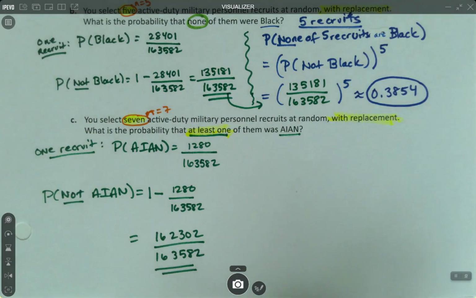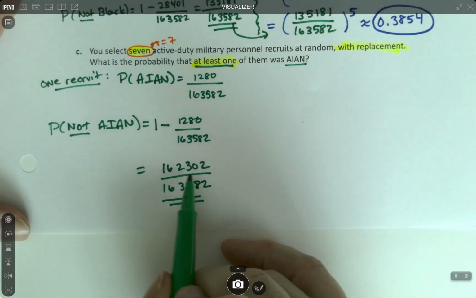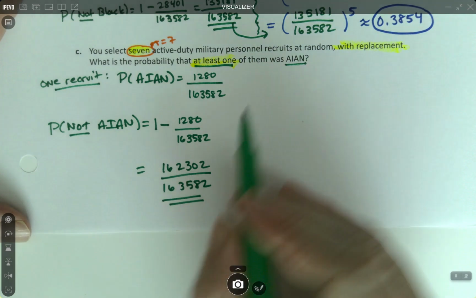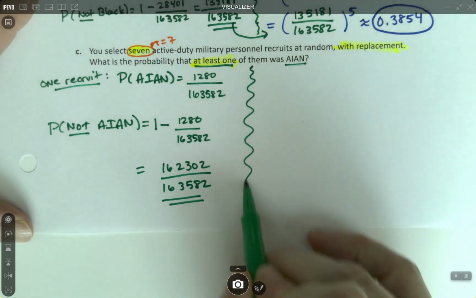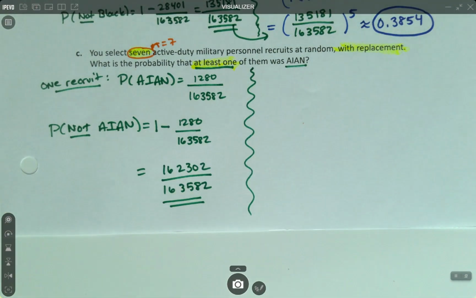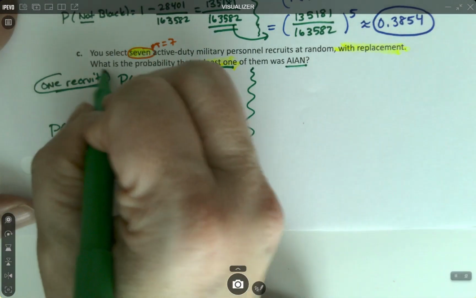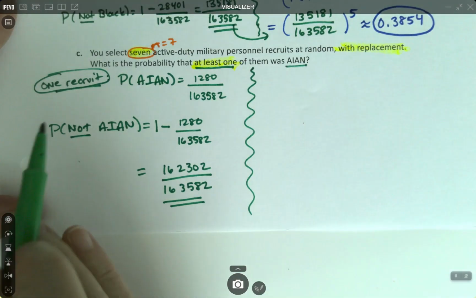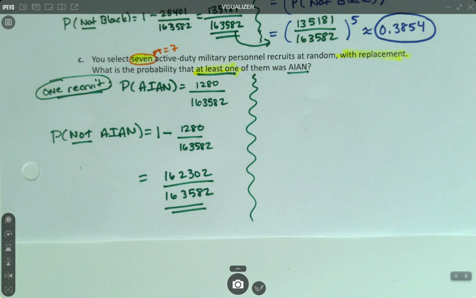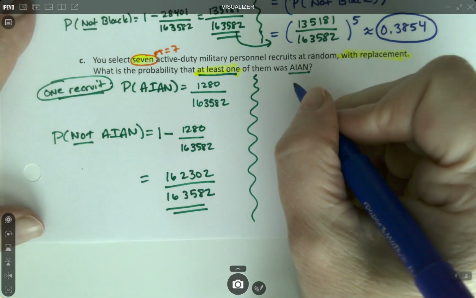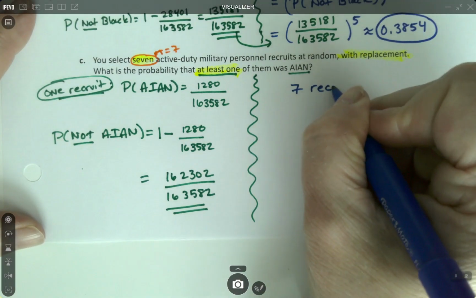All right, I wrote it down. So there's the 162,302. All right, so now let's go deal with, and this was all for 1 recruit over here, right? So 1 recruit over on this side. Let's go deal with the 7 recruits over on this side.